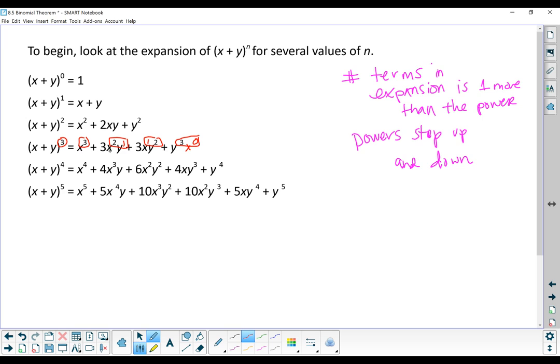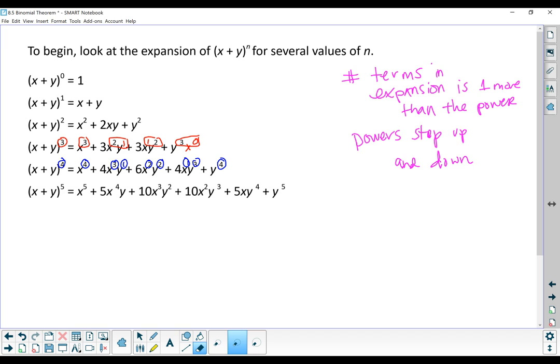This one has 2 powers of x, 1 power of y, 1 power of x, 2 powers of y. They always add up to 3 for the expansion of the 3rd power. If you look at the 4th power here, we've got a power of 4, power 4, power 4, power 4. So the powers of each term are always going to add up to that overall power. So those are some things to observe that will help us.